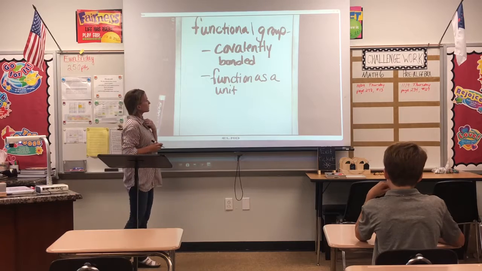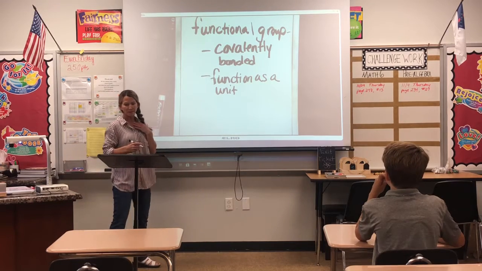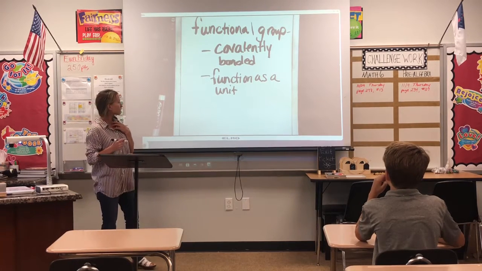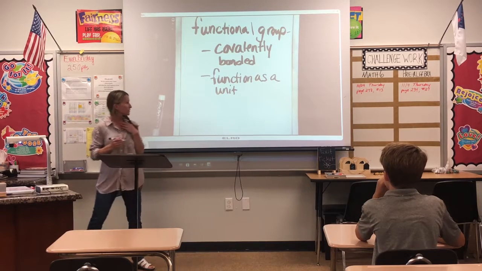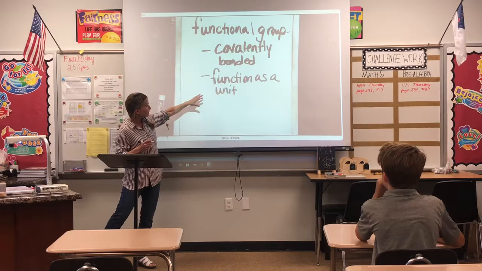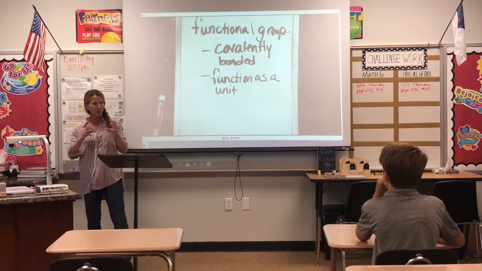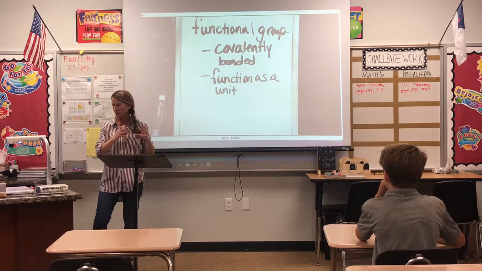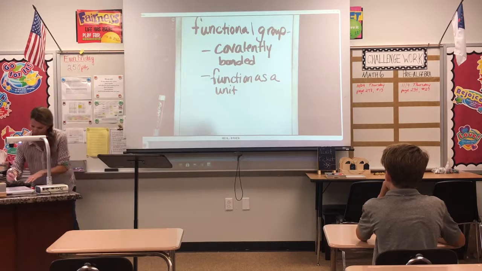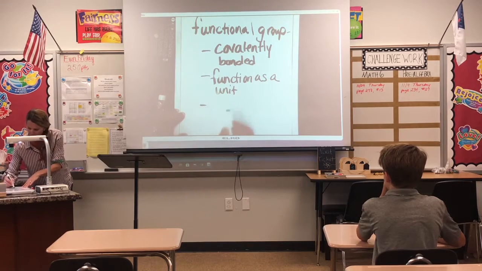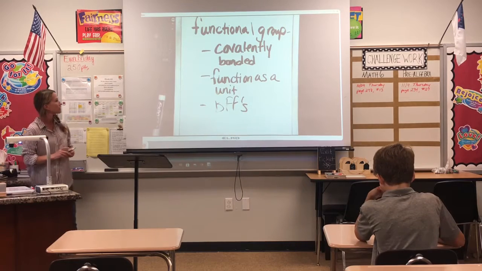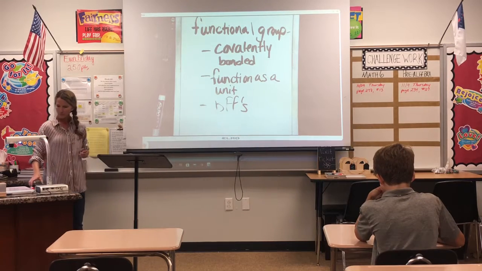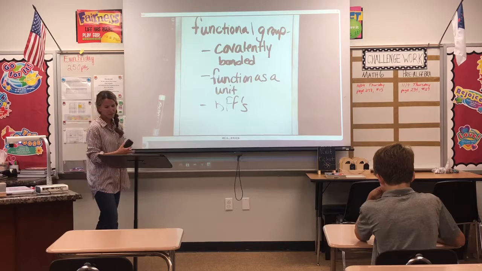Something else about these groups is they usually like to stay together. They're BFFs. They don't like to leave each other. So that's why they usually function as a unit. They stay with the molecule as a unit, they leave as a unit. So they're BFFs. Okay? Alright. So write that down.